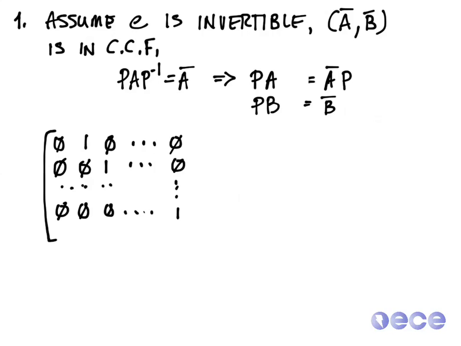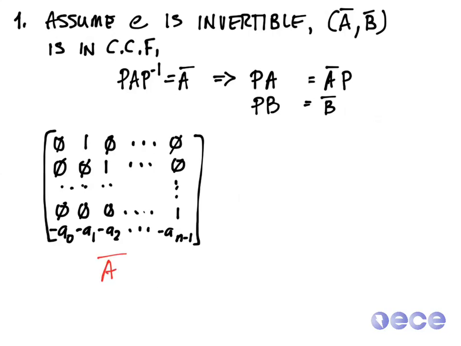And then because we're in controllable canonical form, we can write minus A0, minus A1, minus A2, all the way to minus A n minus 1. So this is our A bar matrix.